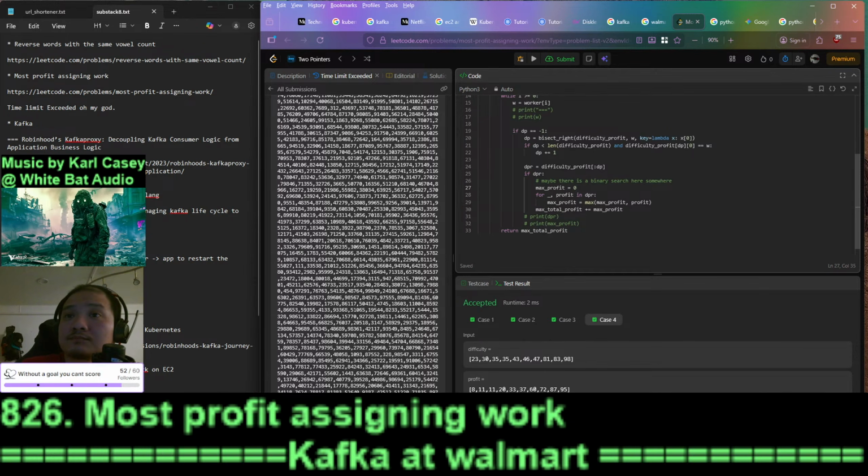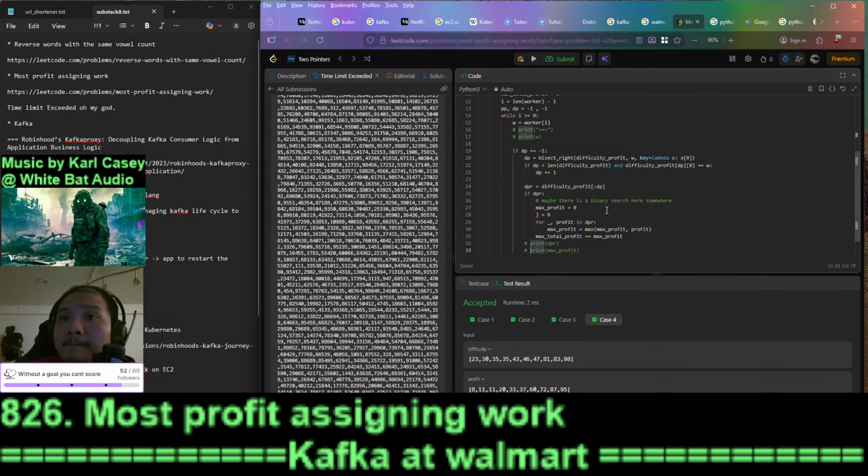So this is like I minus 1. So like while j is greater than or equal to 0, okay, so PP is actually equal to DP, right?